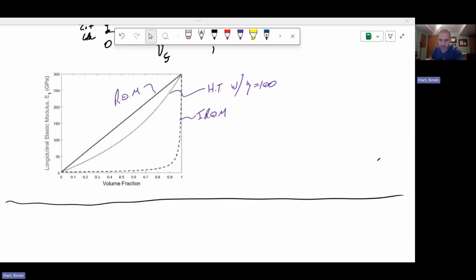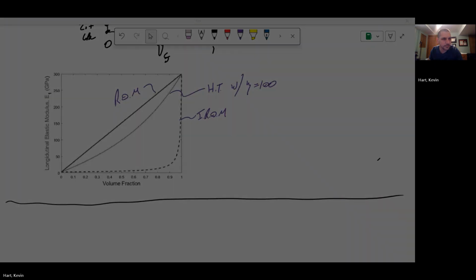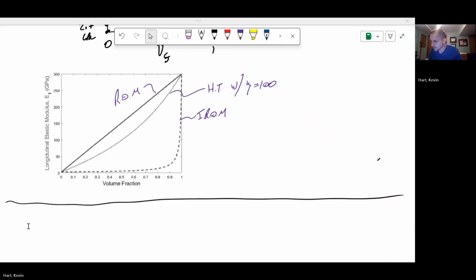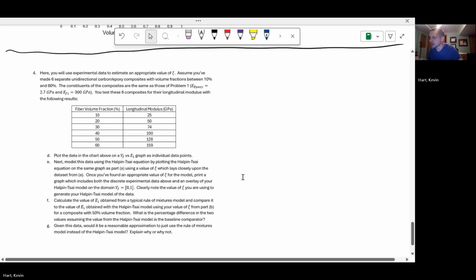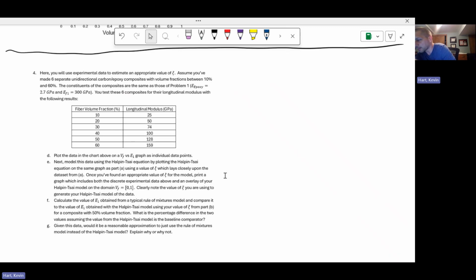Okay, let's go to number 4. Here you'll use experimental data to approximate the value of xi. Assume you made 6 separate unidirectional carbon epoxy composites with volume fractions between 10 and 60%.